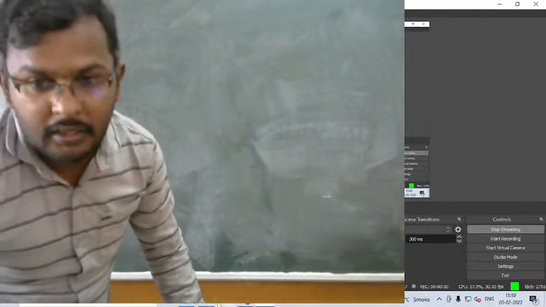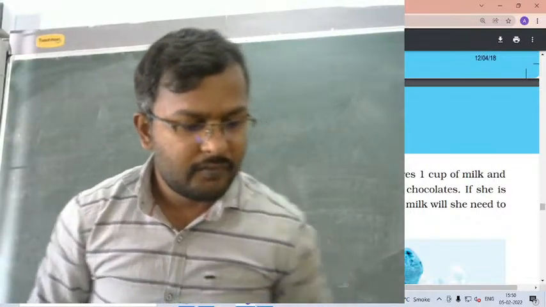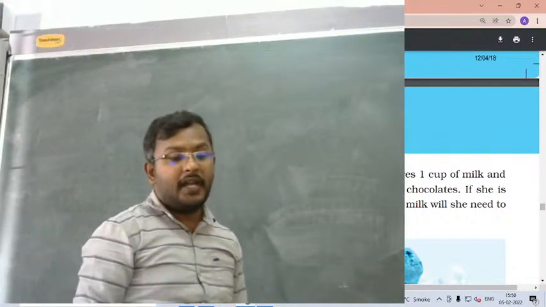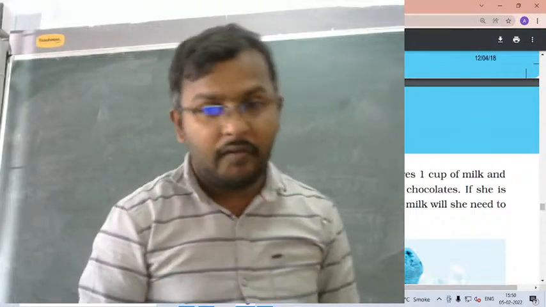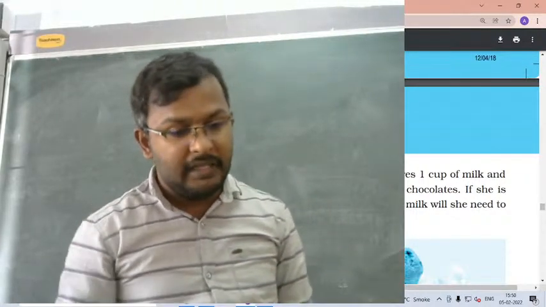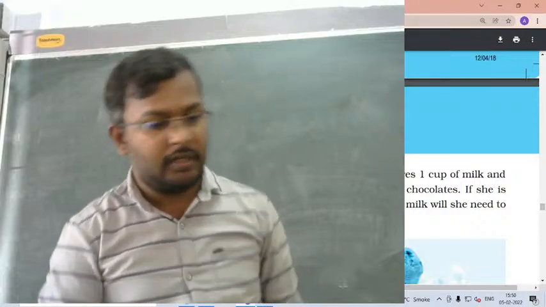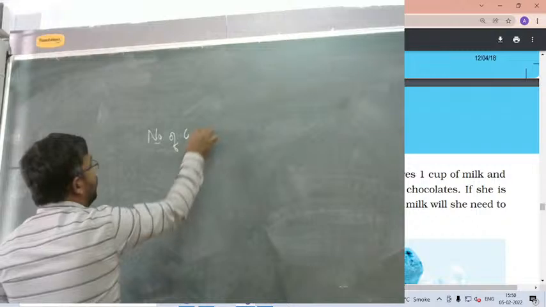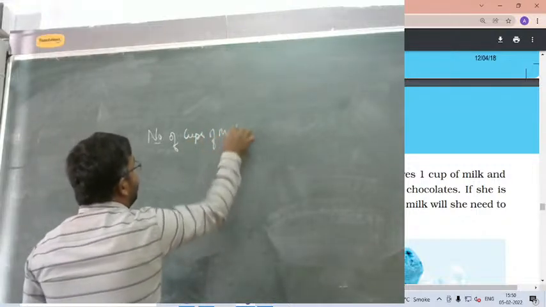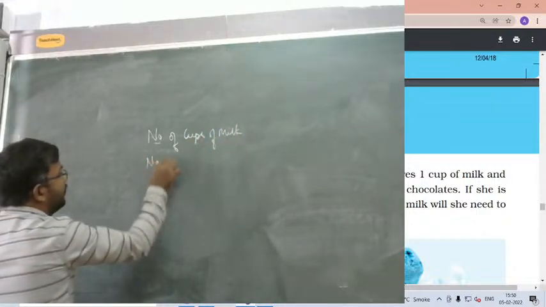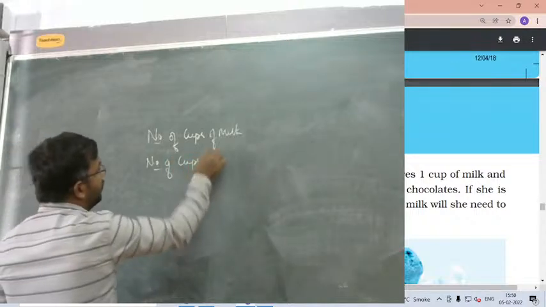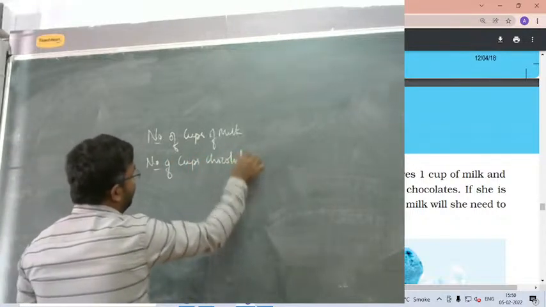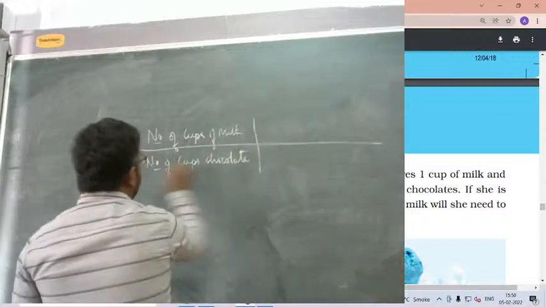What are the two columns that I have to make here? Amount of milk required, or number of cups of milk, and number of cups of chocolate. You can make two columns: number of cups of milk and number of cups of chocolate. These are the two columns that we have to make here.